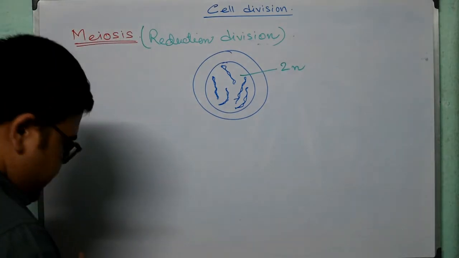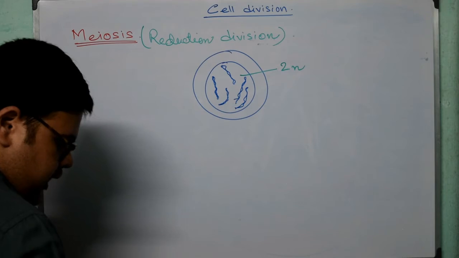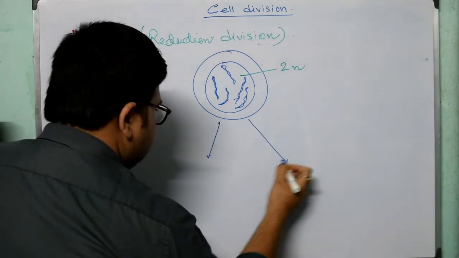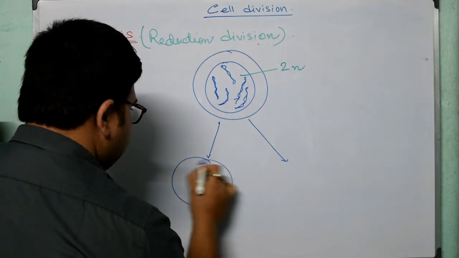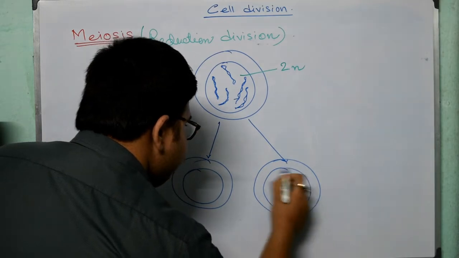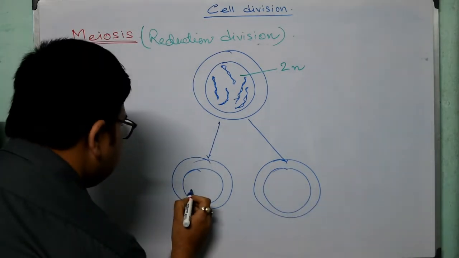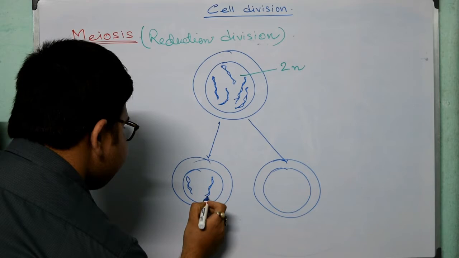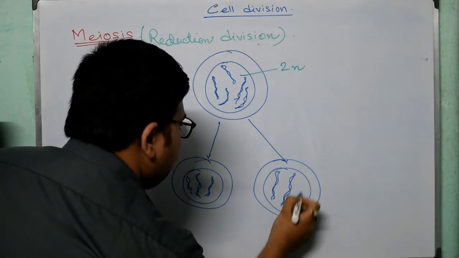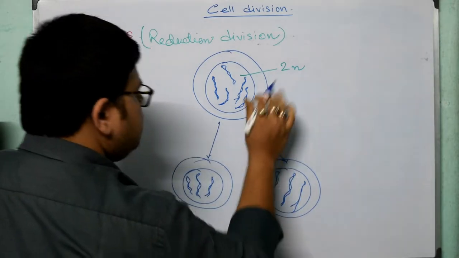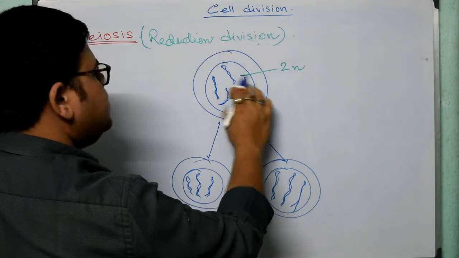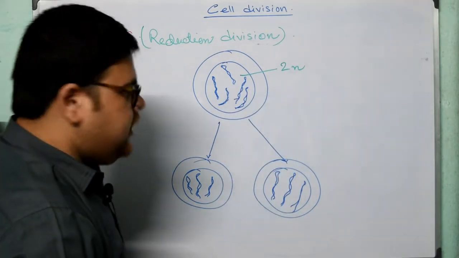So this gets divided into two parts. This 2n, suppose it has 1, 2, 3, 4, 5, that is 10 chromosomes.